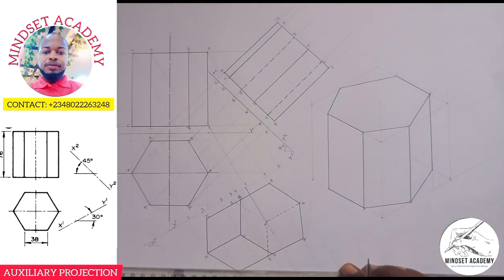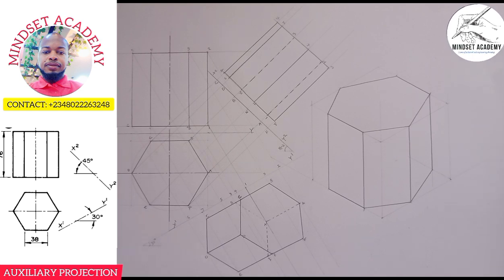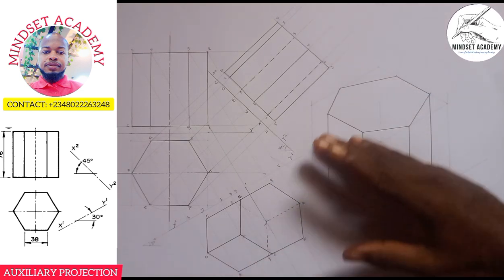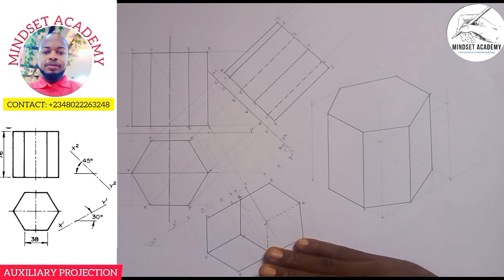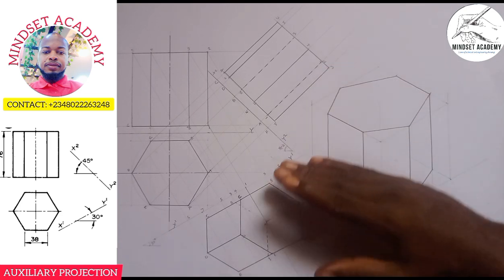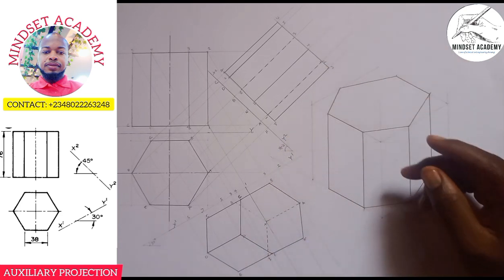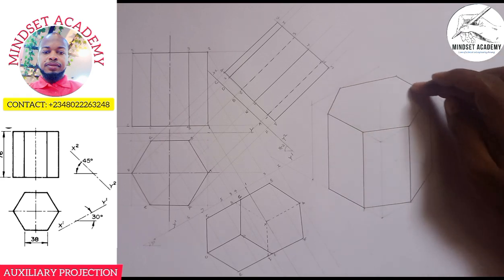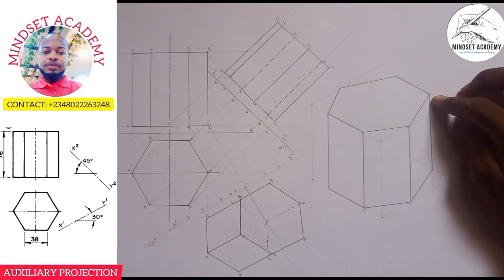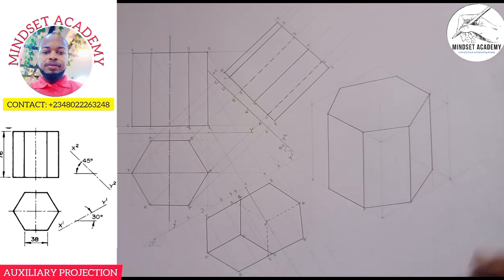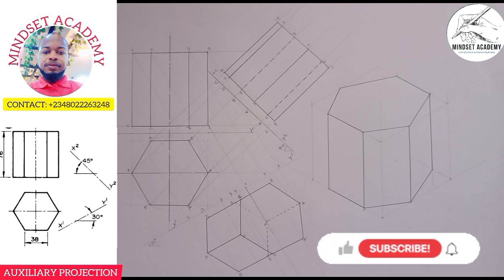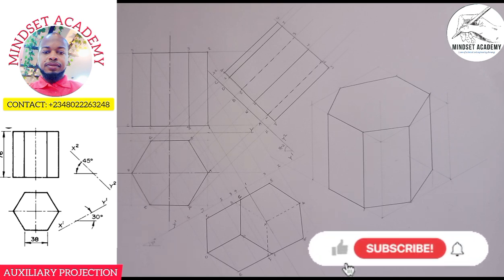So what it means is we're looking at an angle from this side, an angle of 45 degrees, looking at the elevation. So you will not see all this part here. So 1, 2, 3, which is what we have there. So this is what we have in drawing this in our auxiliary plan and auxiliary elevation at their various angles.